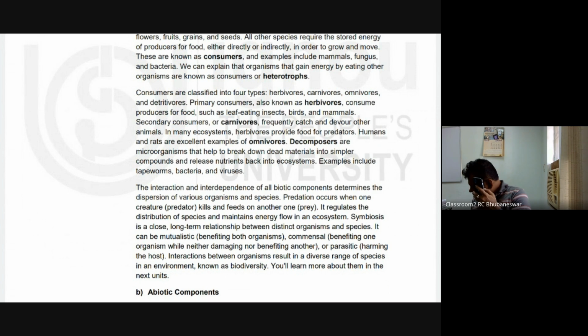The highest predators, like eagle and lion, can be put into a different category than other carnivores. Then you have detritivores. Those are the decomposers, the microorganisms which decompose all the living organisms.